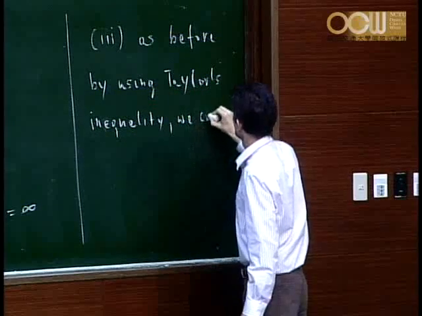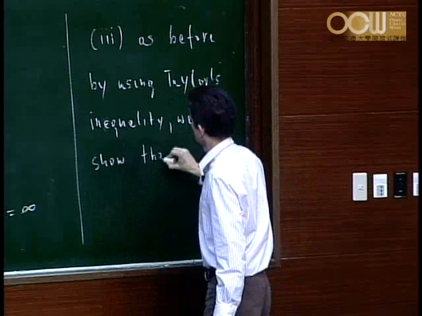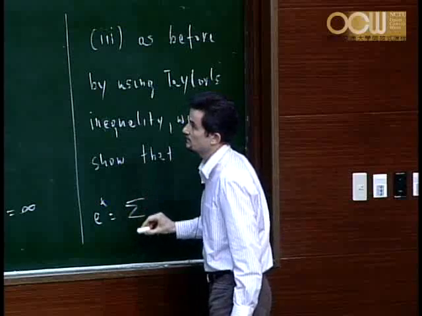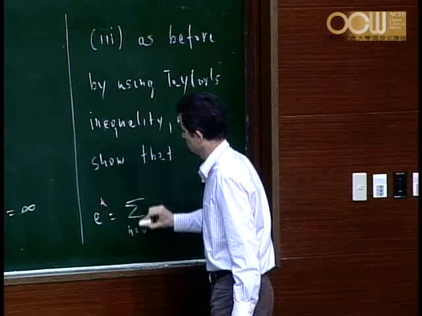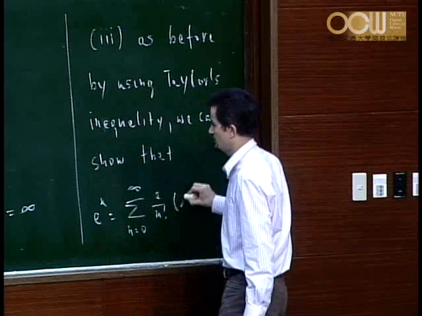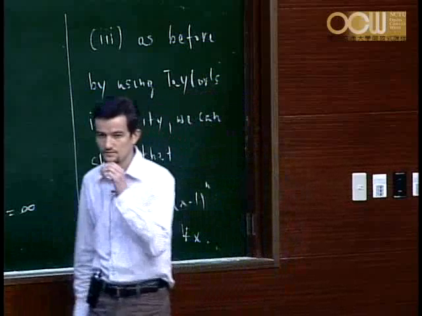We can show that e to the x is equal to the sum over n from 0 to infinity of e over n factorial times x minus 1 to the n, and this holds for all x as before.